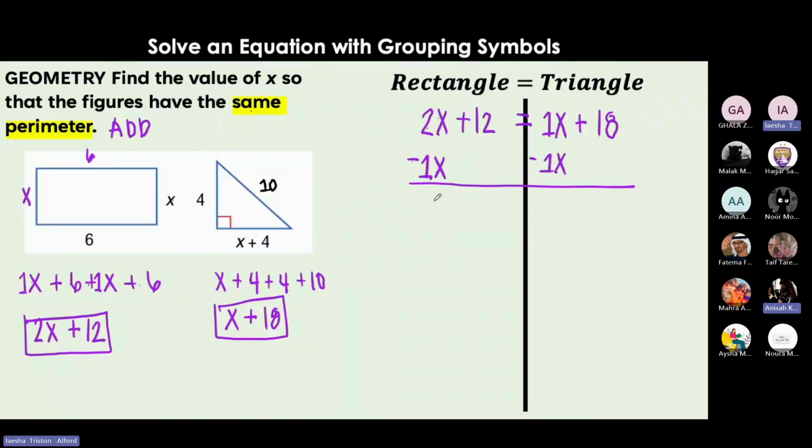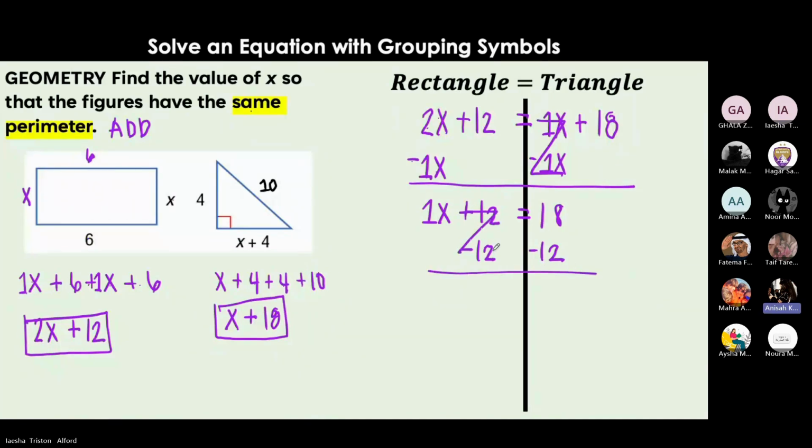So 2x subtract 1x, positive 1x plus 12 equals positive 18, and this one is 0. So then negative 12 on both sides. Subtract 12 on both sides. 12 subtract 12 is 0.